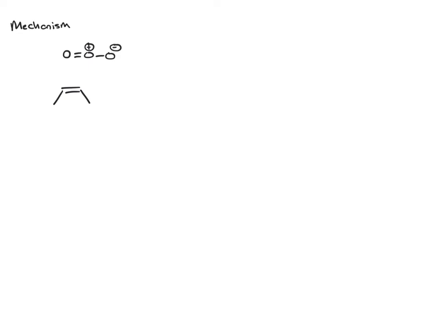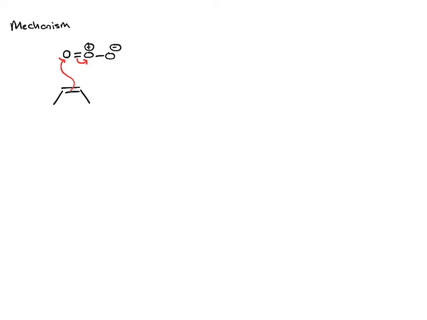Just so you have an idea of how this oxidative cleavage happens, it actually starts with an alkene addition reaction. So we have the ozone and the alkene, and in this first step, the alkene attacks this oxygen, and that's acceptable because that can push a pair of electrons over to this positively charged oxygen.